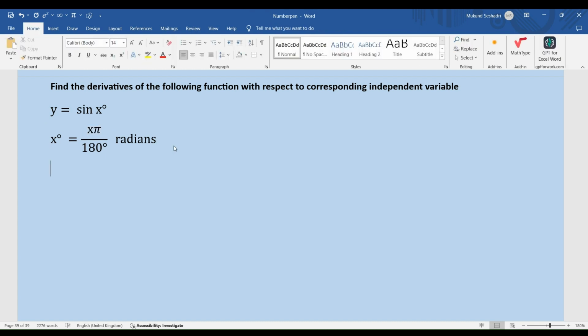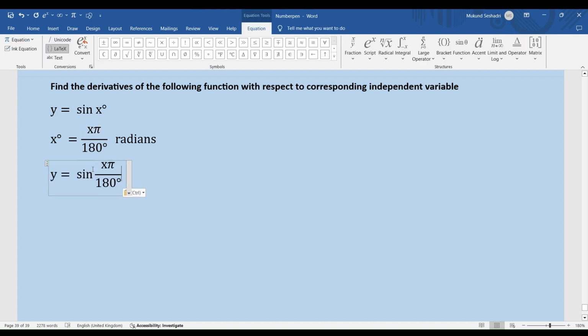So now I can rewrite my y. Now I know how to solve for this. I can directly apply the chain rule of differentiation. So what is my y dashed? Y dashed is nothing but d by dx of sine, which is a cos, and I retain the expression within sine as it is because I'm differentiating this with respect to x pi by 180 degrees.